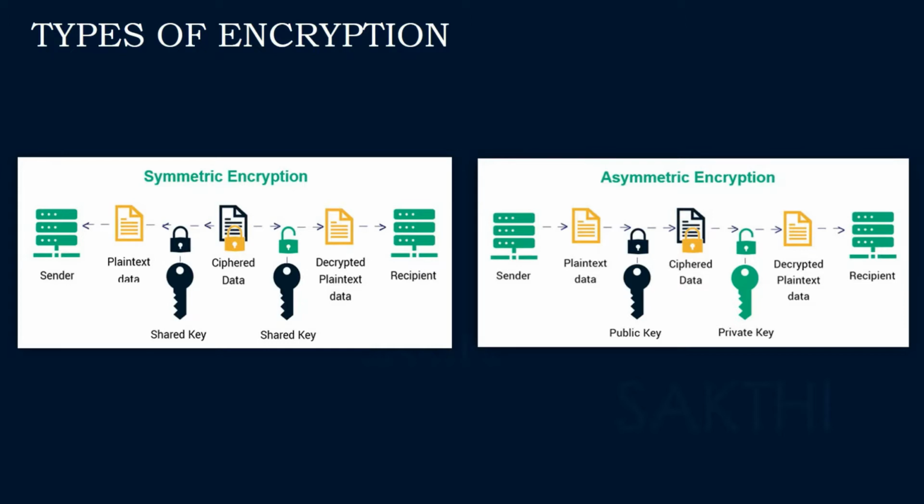So he encrypts the data with the recipient's public key and sends that encrypted data via the medium, and it reaches the recipient. Now the recipient uses the private key of his own to decrypt it. In this case, the public key is available in public, but the private key is totally secured and owned by the recipient. The recipient has to keep that private key safe for all the decryption.